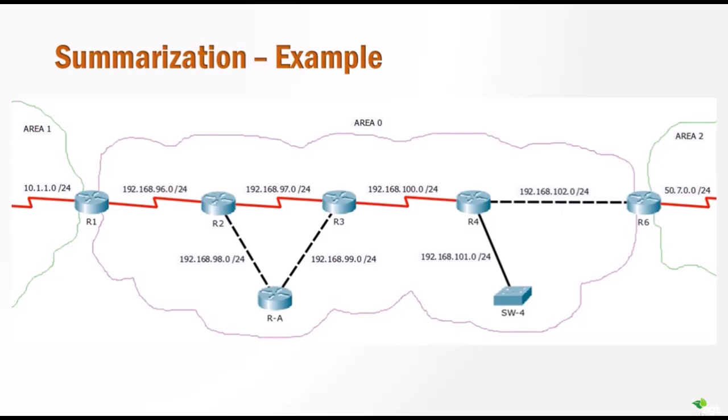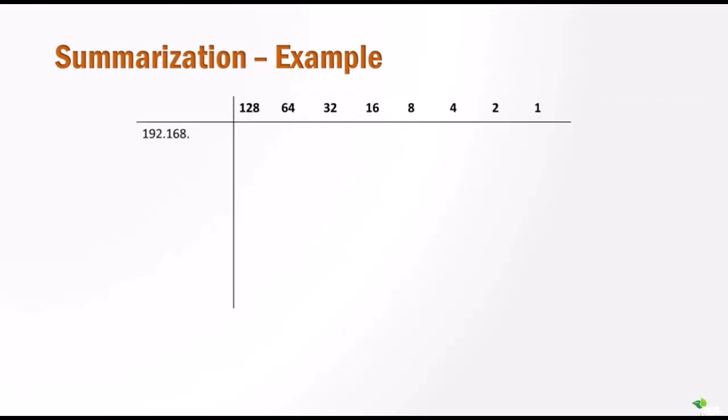So in order to create one summary IP that is going to represent all of these networks, we're going to list all of them in one table. The first network is 96, and this is its binary representation. To make things easier, I put these binary values up here.